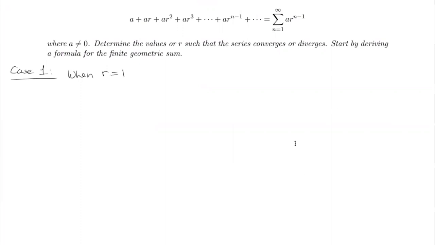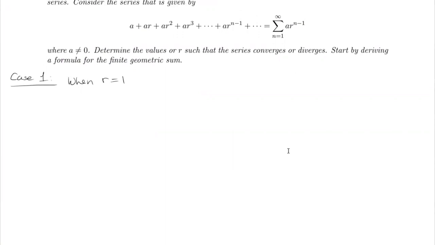So when r is equal to 1, the nth partial sum is given by a plus a.